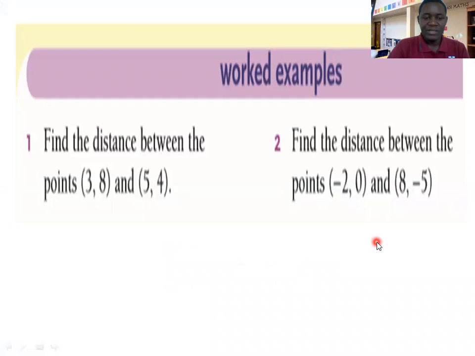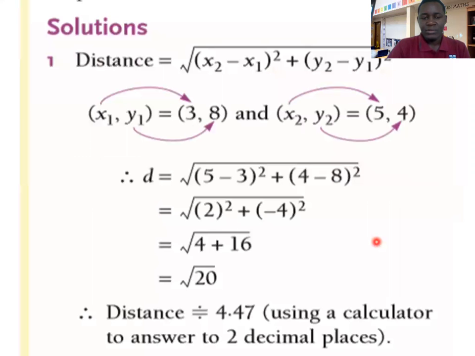Let's take another example. Find the distance between the points (3, 8) and (5, 4), and find the distance between the points (minus 2, 0) and (8, minus 5). For the first one, remember our distance formula is x2 minus x1. You will notice that I have interchanged the order now. You can decide to write your y2 minus y1 first or x2 minus x1 first. But whichever way it is written, take note that if you have x2 minus x1 here, then you must have y2 minus y1 there.